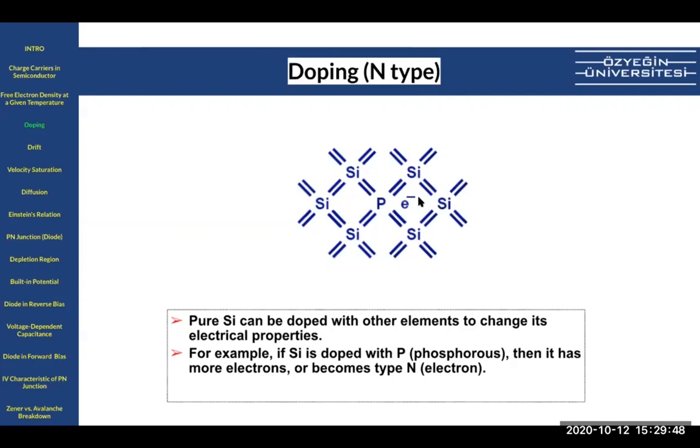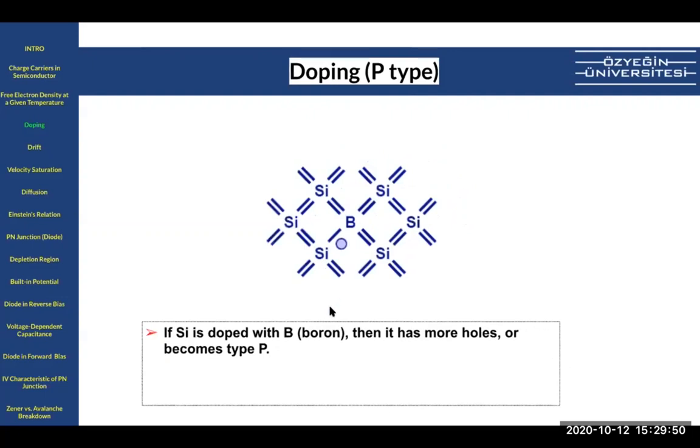If we look at the similar thing with boron, boron has 3 electrons, but silicon has 4 electrons. So boron forms bonds with 3 silicons and gives its 3 electrons. And silicon bonds completely okay here, as you see.